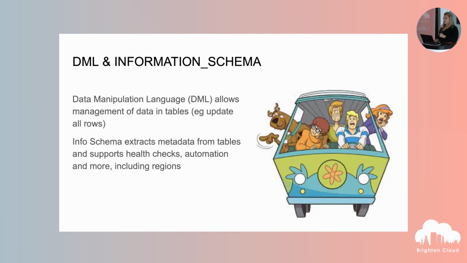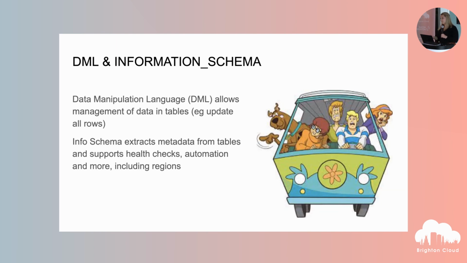There are a huge amount of information schema options as well now. So again, GCP documentation, have a read through, and Medium will tell you how to actually use it for the most part. The other thing about information schema and DML is looking at regions. So BigQuery, data warehouses, and cloud storage are very much region specific. So it is important to understand what regions your data has been stored in.